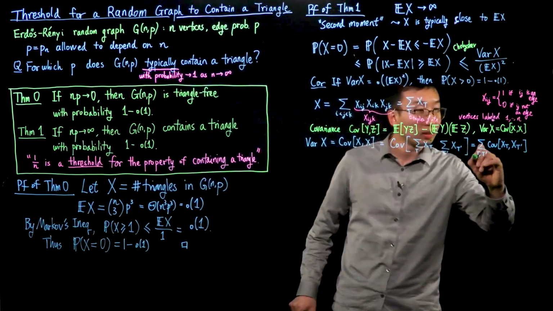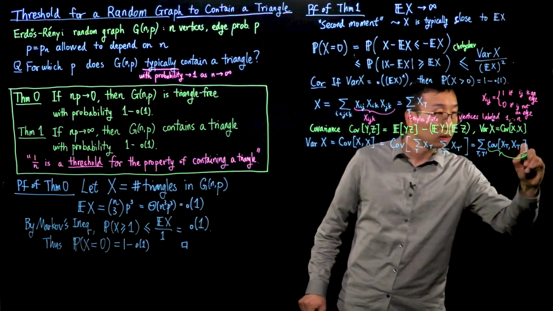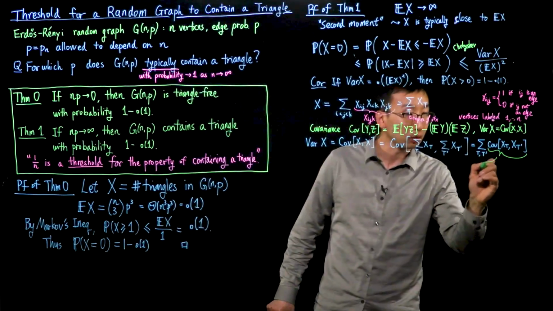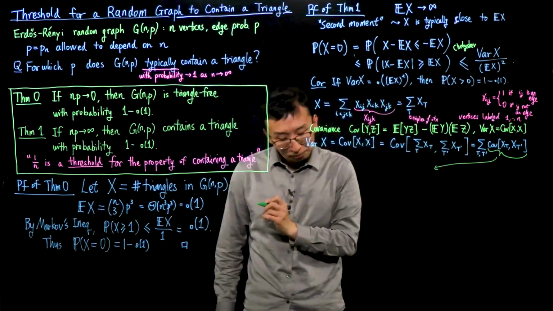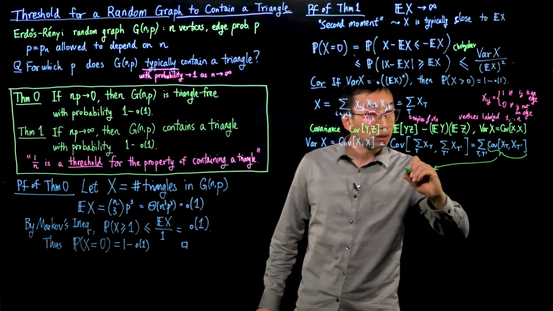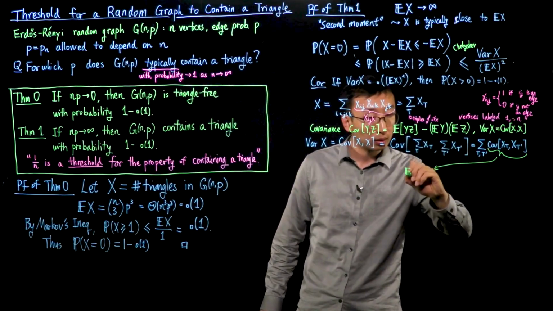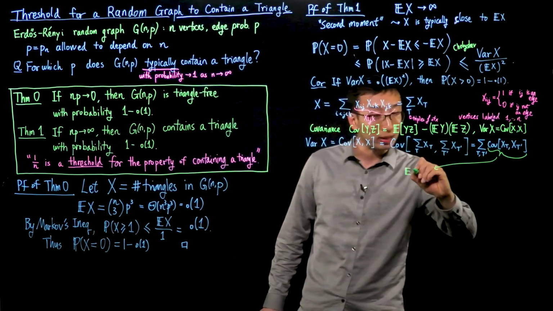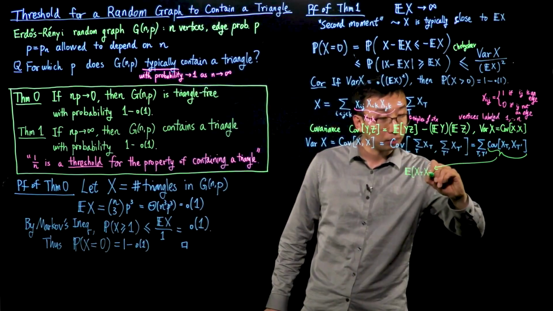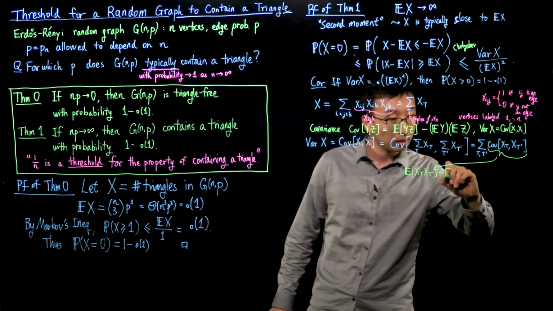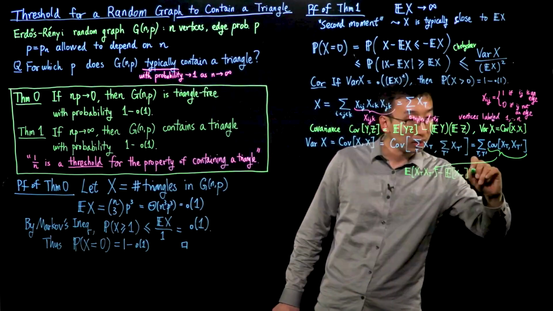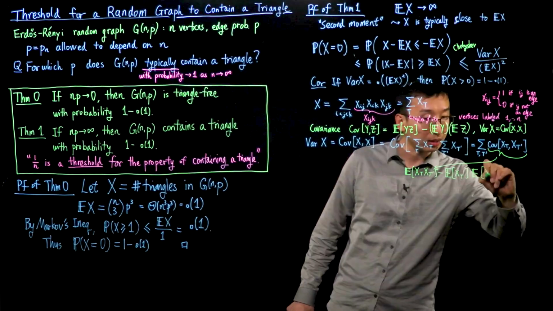Towards this end, let me do a side calculation. From the definition of covariance, this quantity equals the expectation of x sub T times x sub T prime, minus the expectation of x sub T times the expectation of x sub T prime.